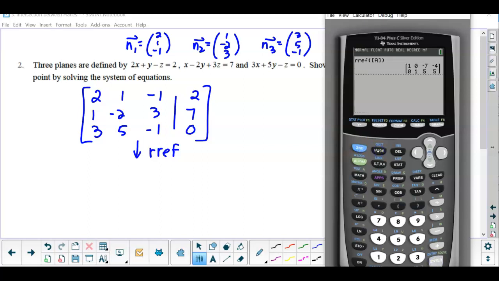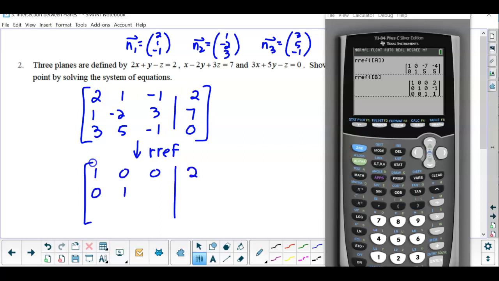Matrix math, RREF, the matrix B. Okay. So 1, 0, 0, 2, 0, 1, 0, negative 1, 0, 0, 1, 1.